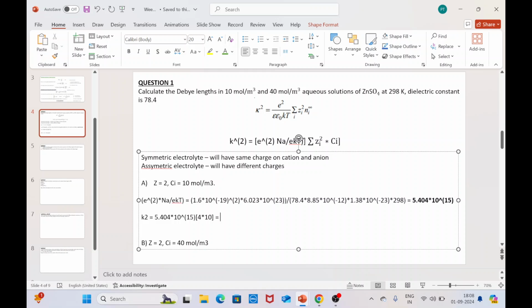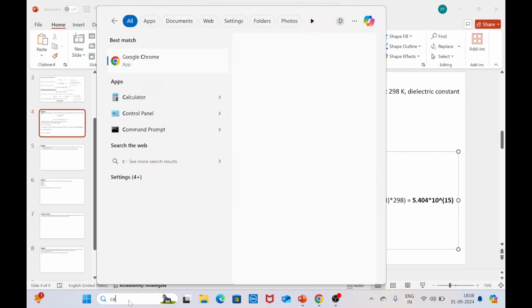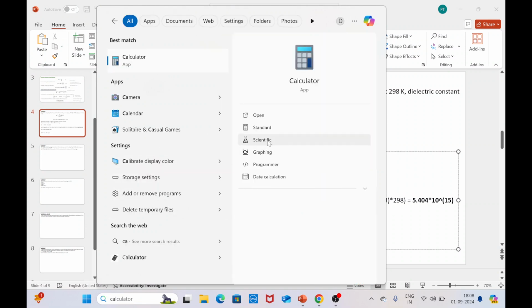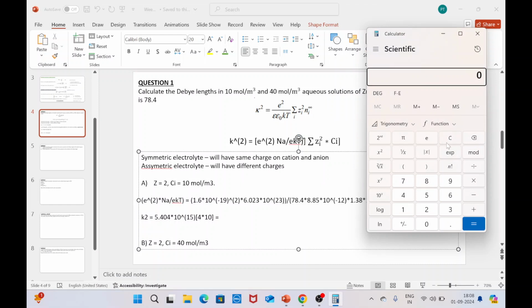So let's calculate the answer for this, times 4.